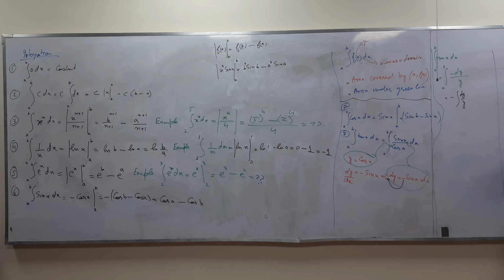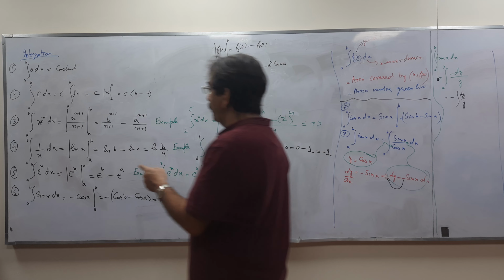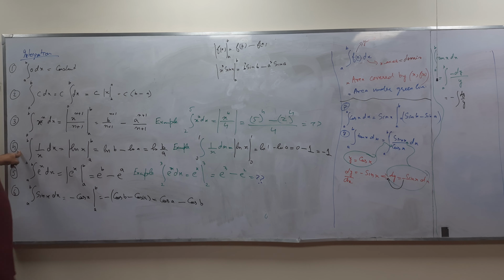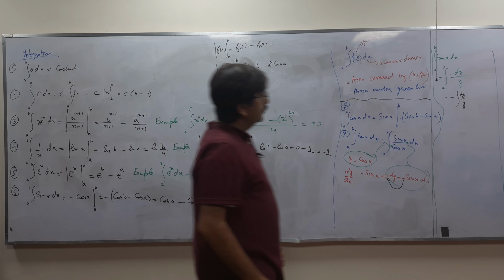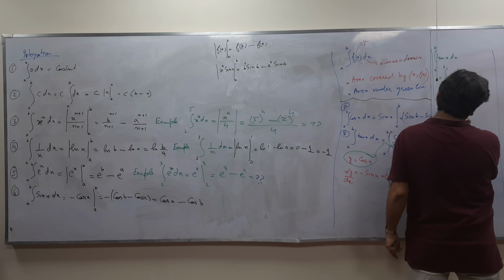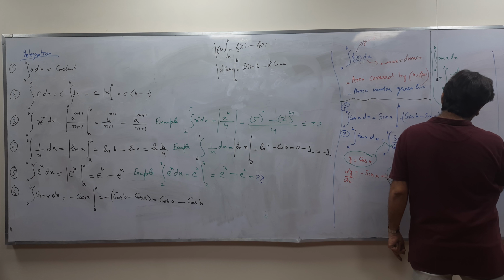If the denominator is a variable and the numerator is its derivative, what will be the answer from formula 4? That will be log of y.